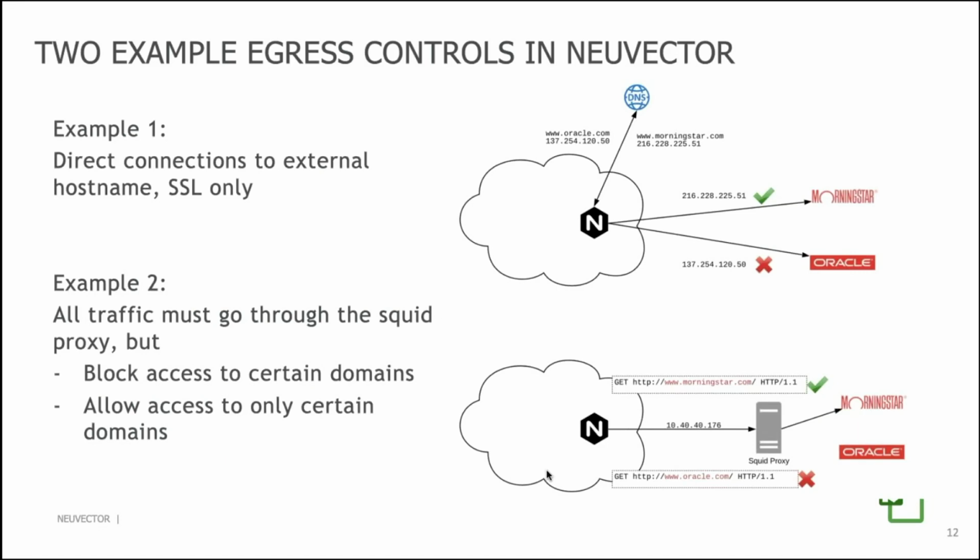A little bit more complex example that would require some HTTP header inspection is where you may have implemented a proxy, like a Squid proxy, and you're going to funnel all your traffic through that proxy, but you want the proxy and the security solution to be smart enough to allow certain connections through the proxy, but block other ones based upon certain domain names.